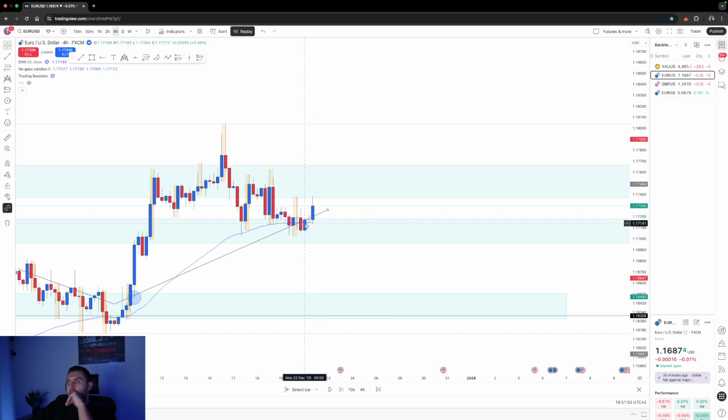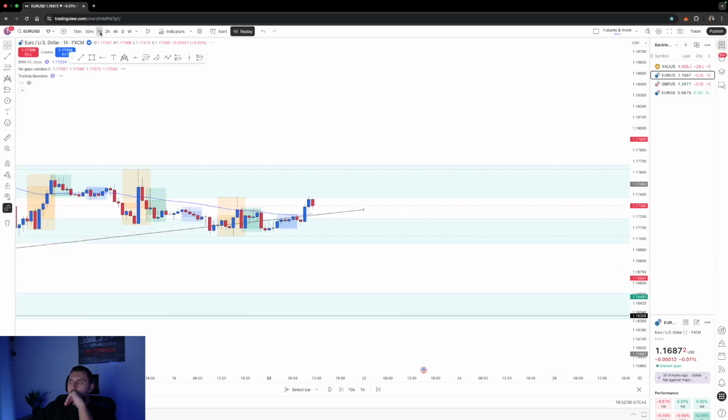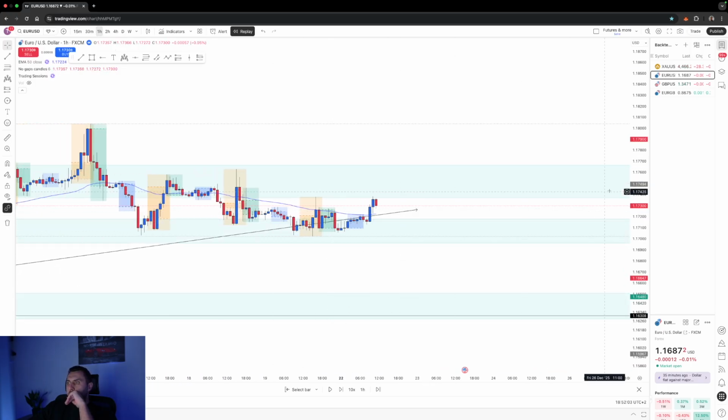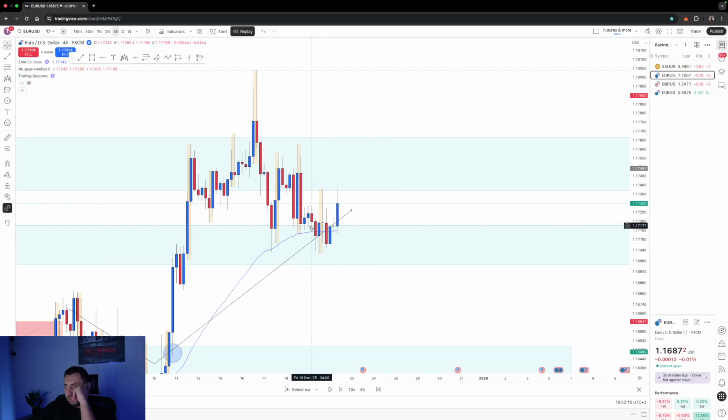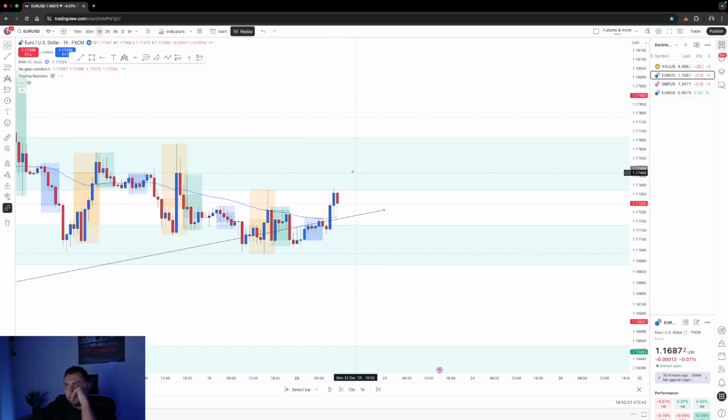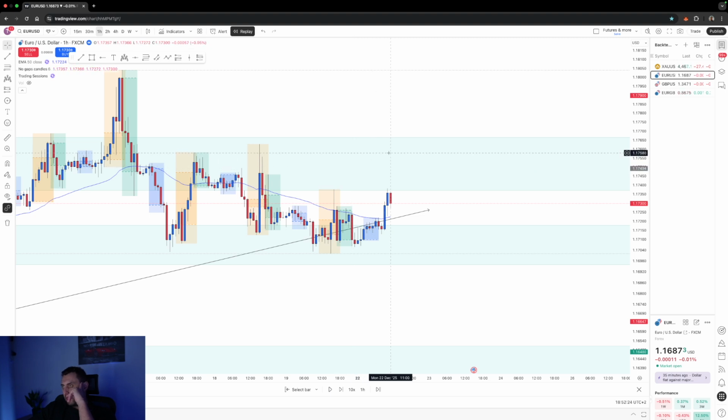For example, for me here is a shift of structure, of course, but let's see the hour, it's at 8 a.m. So at 8 a.m., yeah, I would look for entries after the shift of structure on the 4 hour, which is interesting. For example, here lower high, lower low, and here is the shift of structure. But it was on 22 December. So yeah, I would take trades on 22 December, but let's see.